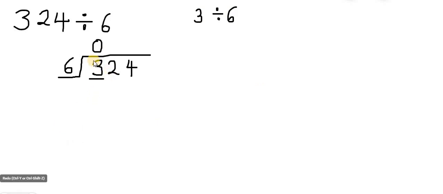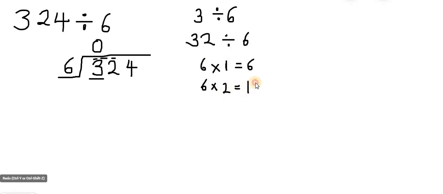Now we move on to 32. Okay, now we have 32 divided by 6. Create the multiplication table. 6 times 1, 6. 6 times 2, 12. 6 times 3 is 18. 6 times 4 is 24.